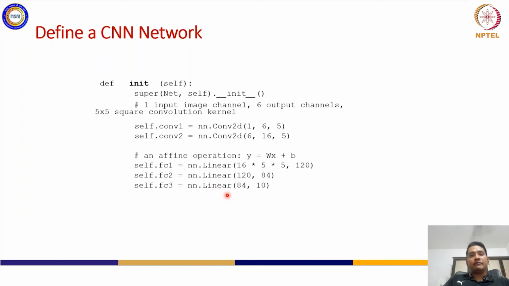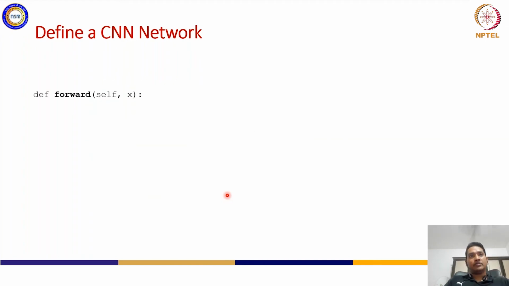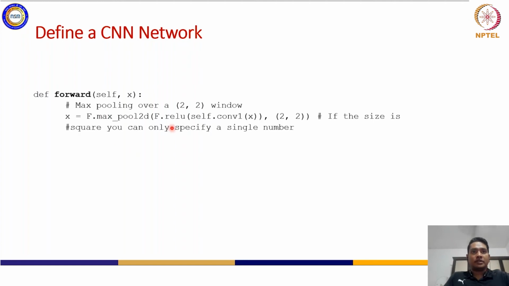So once we have defined the layers, then we can define the feed forward pass using these functions. First, we will define the first layer, which is first the convolution layer.